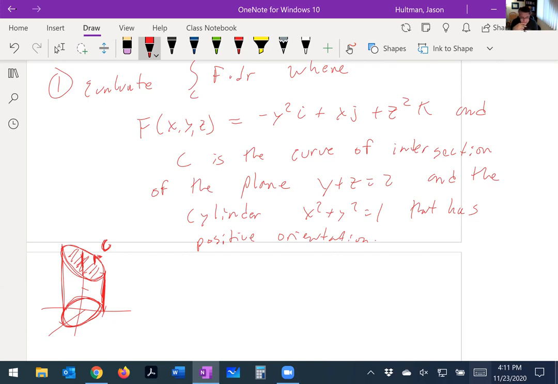And so we have a force field with respect to this surface. I want to say, hey, you know what, let's find the curl of this thing and then evaluate it.